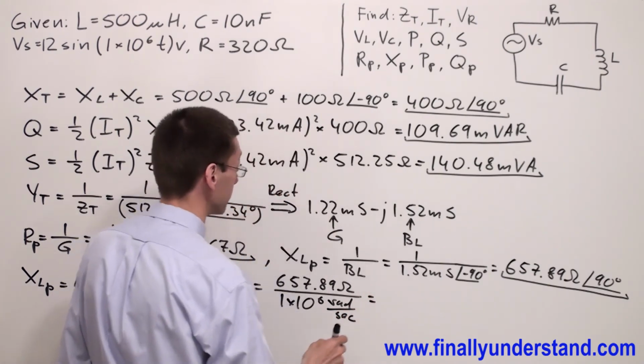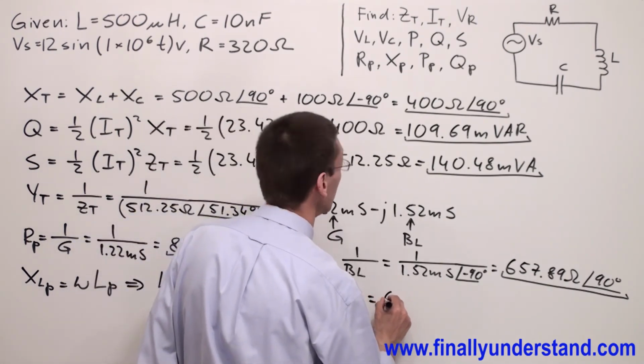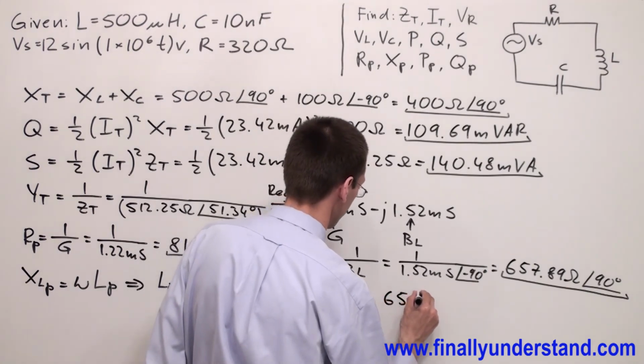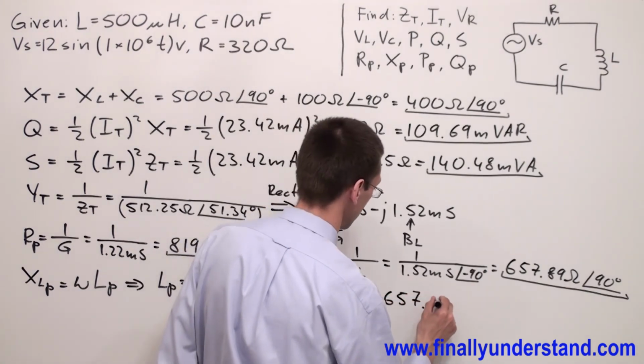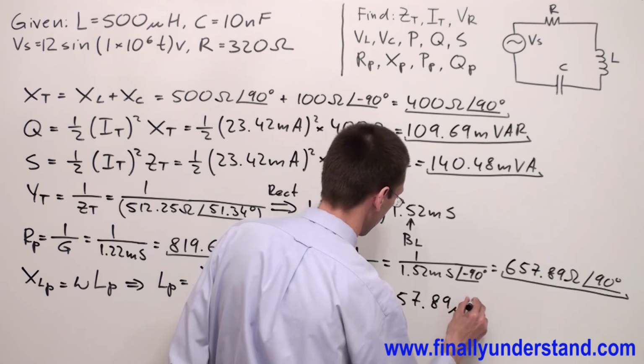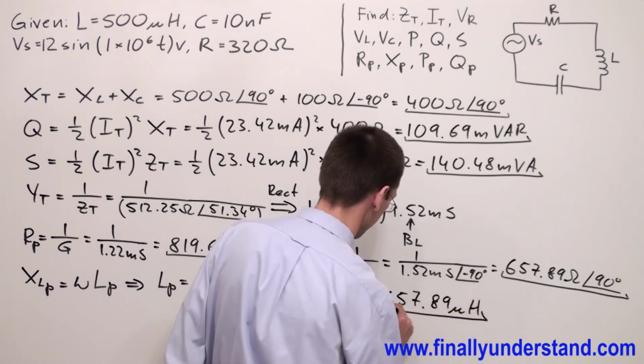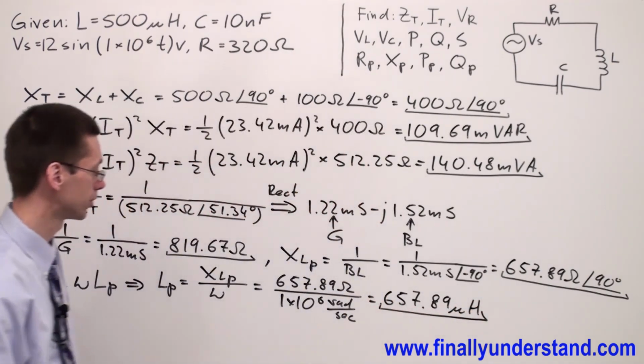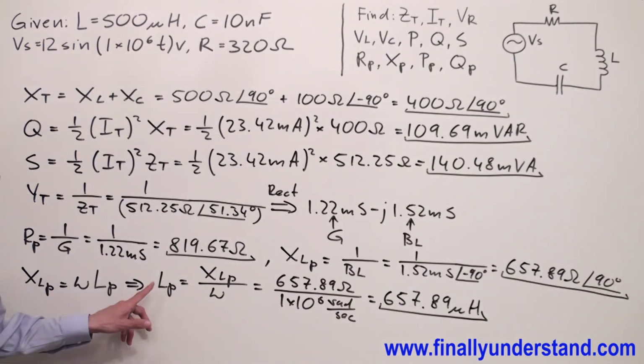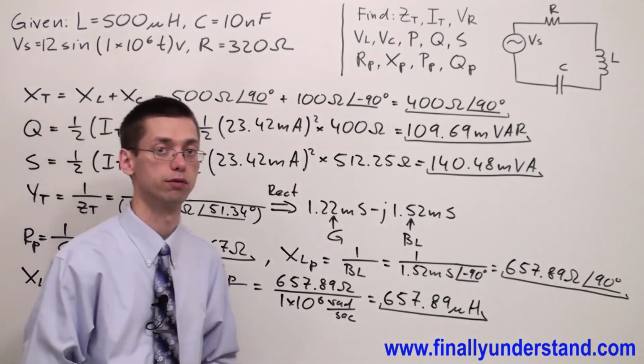This is equal to 657.89 microhenries. Okay, so this is the inductance in my parallel equivalent circuit.